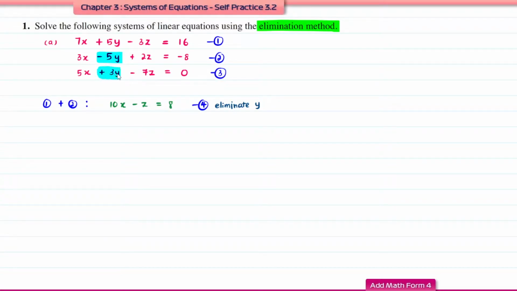Now the y value in one is negative 5 and in the other is positive 3. To equalize the y, the lowest common multiple of 5 and 3 is 15. Therefore, for equation number 2, I'm going to multiply it by 3, and the rest of the terms you need to multiply by 3 as well. And for equation number 3, I'm going to multiply it by 5.